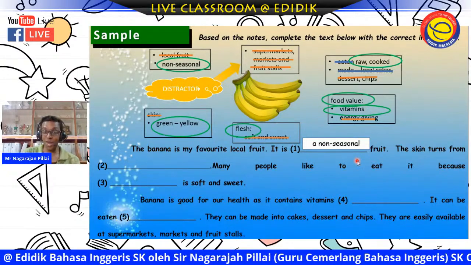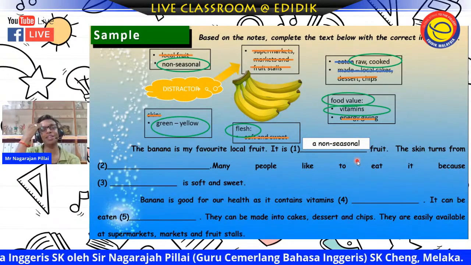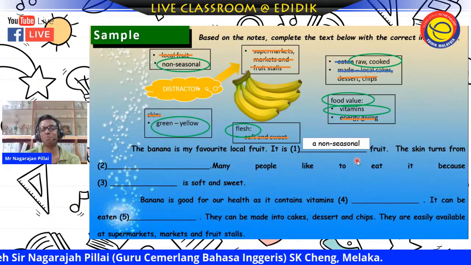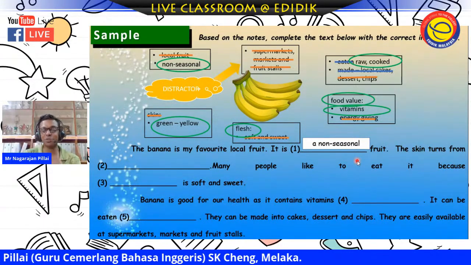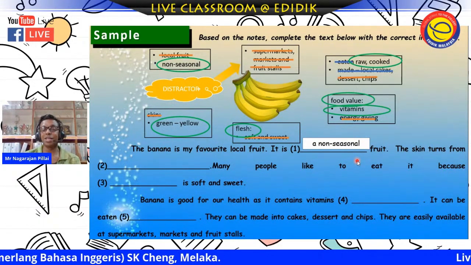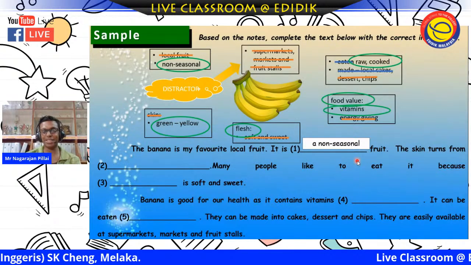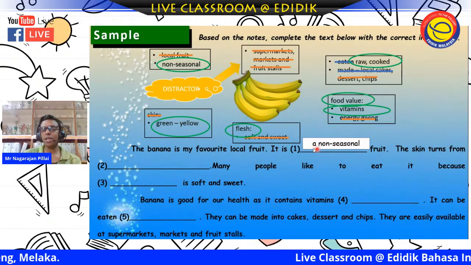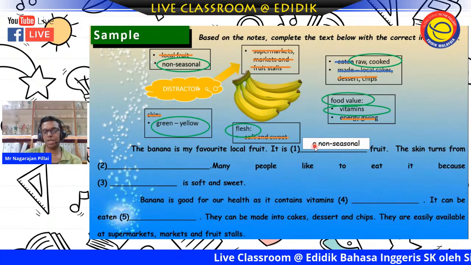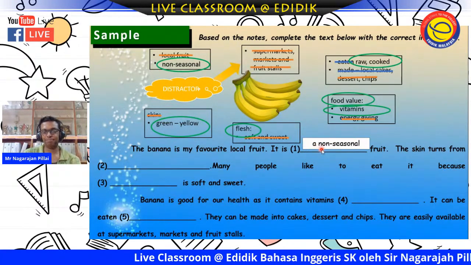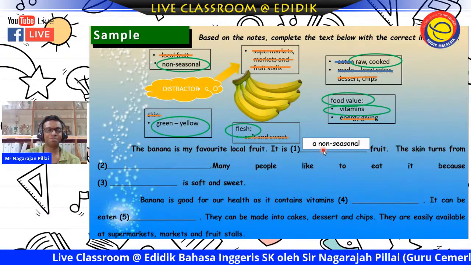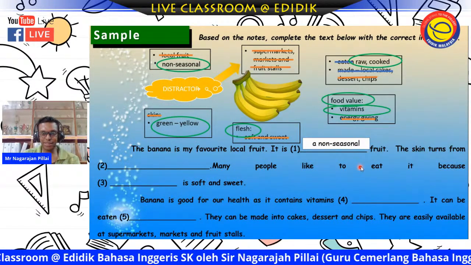That is when you need your grammar item. You need to focus on your grammar, and I will show you some of the notes after this. Now why do we choose a and not other words? Do you know why? Read the sentence.